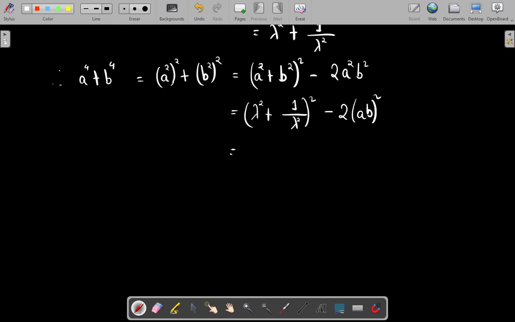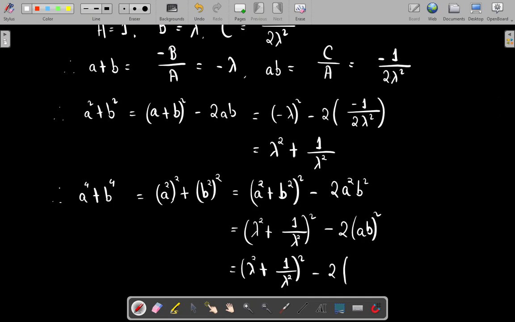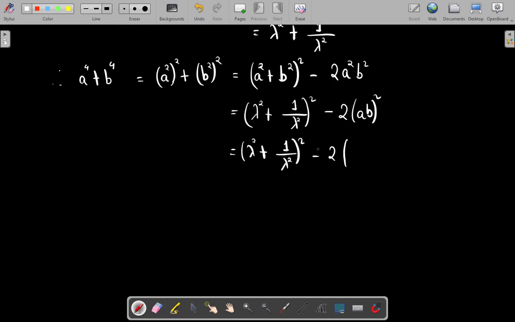So this gives us lambda square plus 1 upon lambda square whole square minus 2 times minus 1 upon 2 lambda square whole square. Here this will give 2 times 1 upon 4 lambda to the power 4.